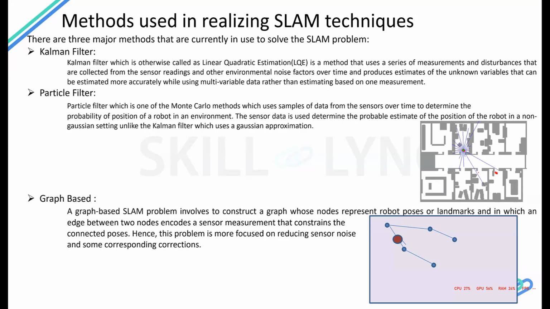A mathematical model represents the system state, which means that any given system can be represented in a mathematical model, and this model can be estimated based on the sensor readings and all the other inputs that can be used to generate it.